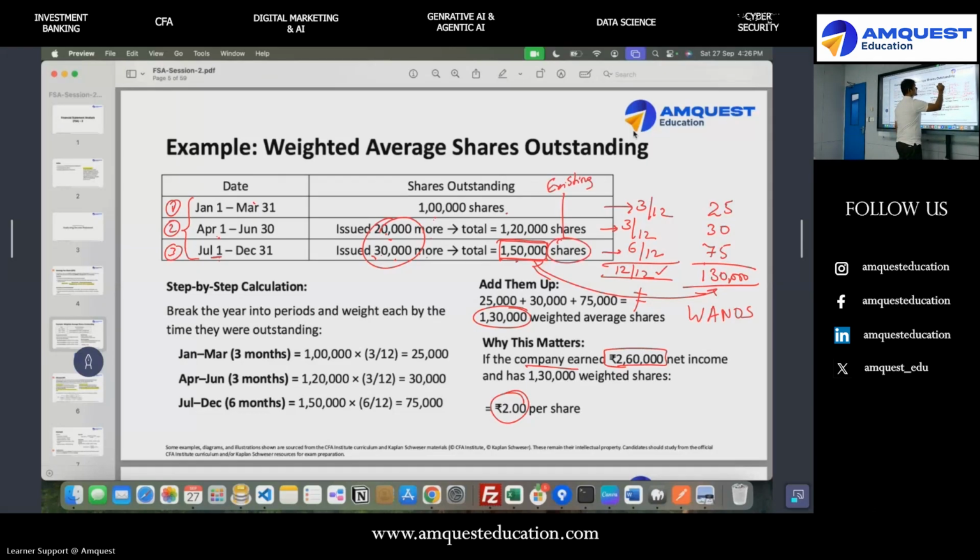Existing. That means as of today I have 150, its WANOS is 130, and I computed for 130. It could be possible that in my balance sheet there are some instruments that might become shares in the future. Some instruments that are liable to become shares. What are the examples?